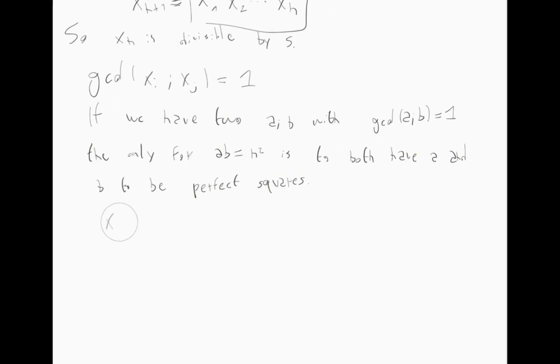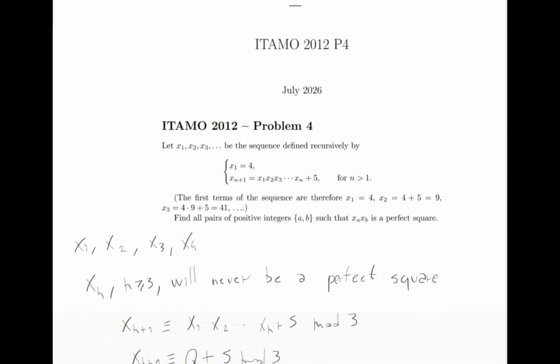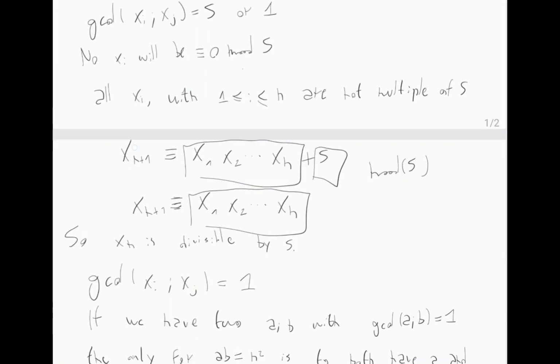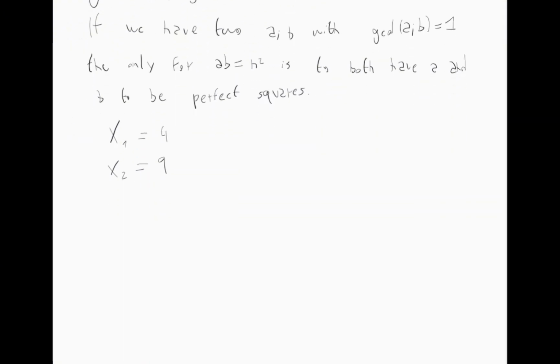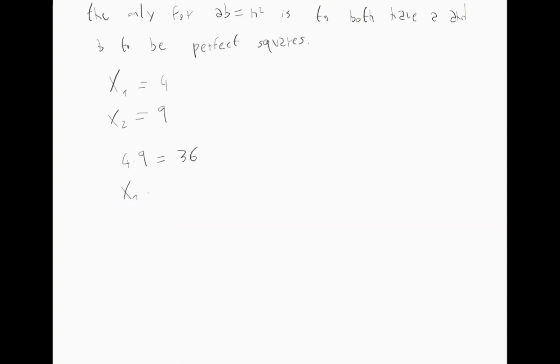But we know that after x3 there will never be a perfect square, so our only options are x1, which is indeed a perfect square, and x2, which also is indeed a perfect square. So our answer is only 4 times 9, which is equal to 36, and thus is x1 times x2. And this is our solution.